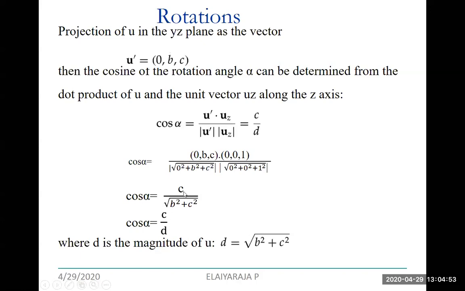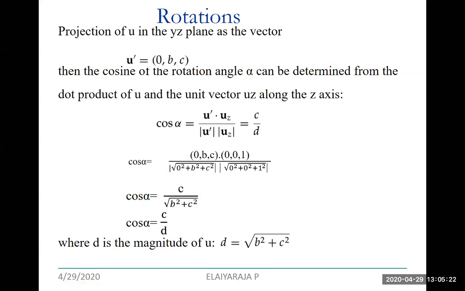So your cos alpha value is equal to c divided by root of b square plus c square. Finally, from the dot product we got cos alpha equal to c by d, where the magnitude of u dash we can rewrite as root of b square plus c square, right?